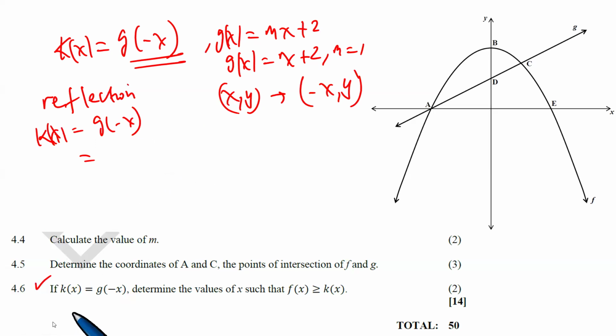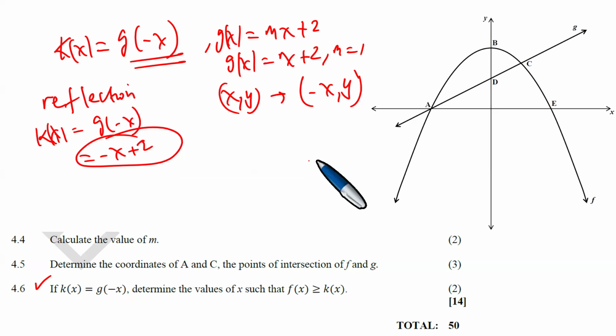So this is going to be exactly minus x plus 2. Okay, good. Look at this, which is minus x plus 2.